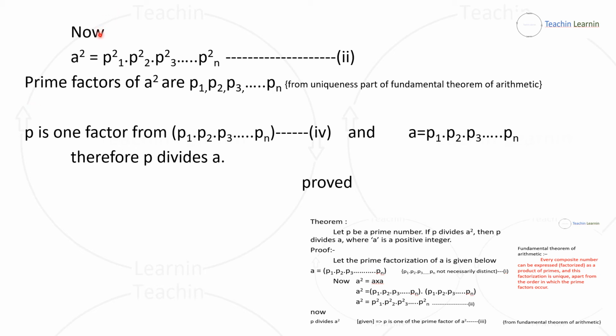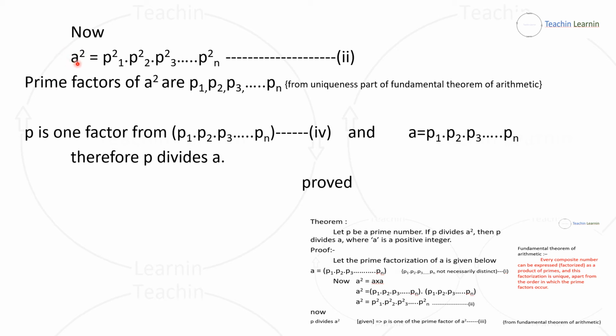Now what we have got is that A square is equal to P1 square into P2 square up to Pn square. I have put it here to refer to quickly.